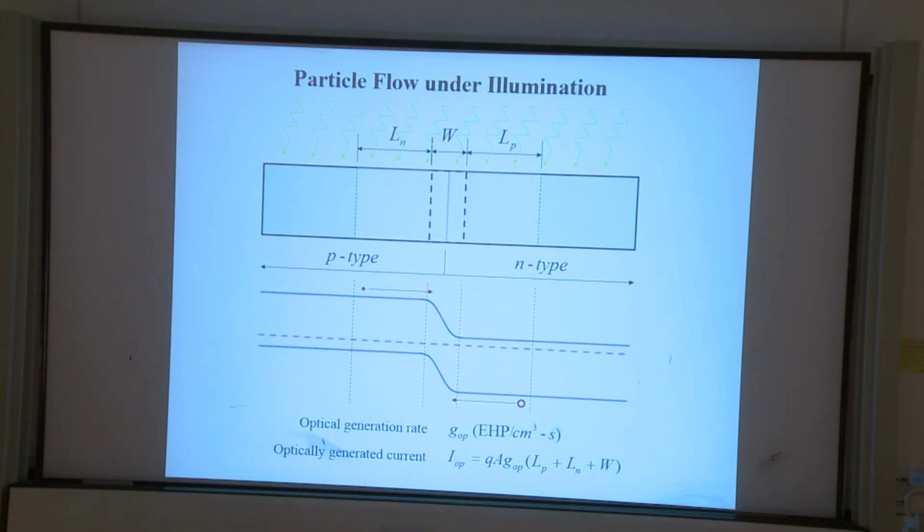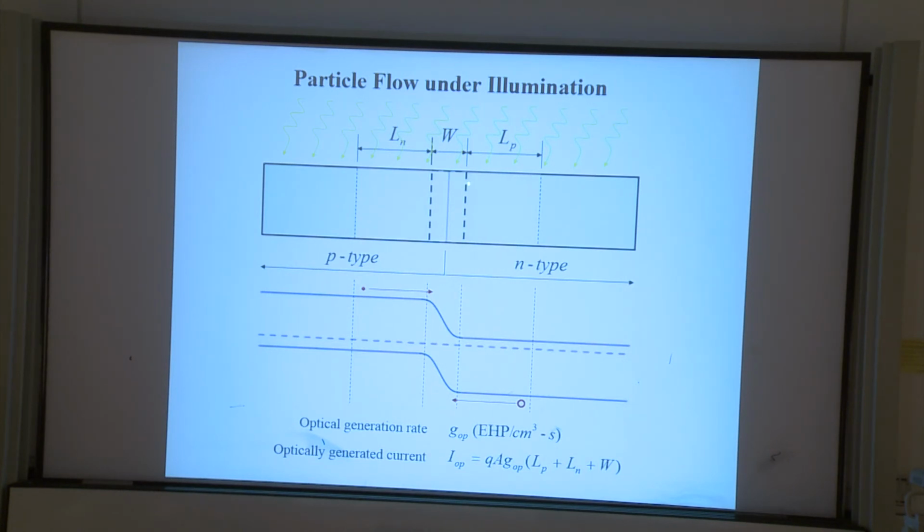Now, why we need to consider this distance is because if an electron is inside this region, it will still be able to feel the field. So electrons go to the right-hand side and holes go to the left-hand side. However, they might recombine at a defect and disappear during their transfer to the interface.